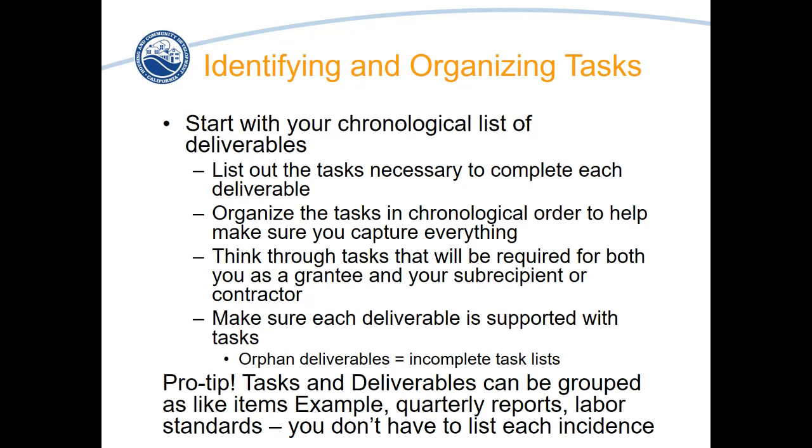You really only want to list discrete, specific deliverables, so that you're not overwhelming yourself with requirements. And especially for deliverables that are on a regular schedule, like quarterly reports or semi-annual reports.